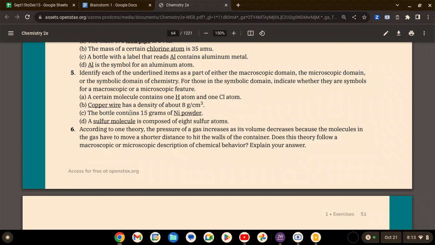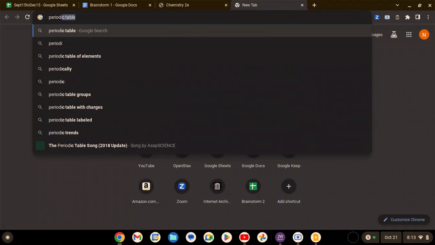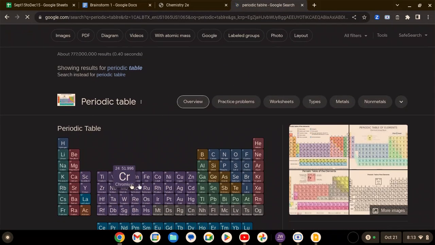So C, the bottle contains 15 grams of nickel powder. That's also going to be macroscopic because it's a powder of nickel. So that's a lot. If we go to the periodic table, nickel is right here.